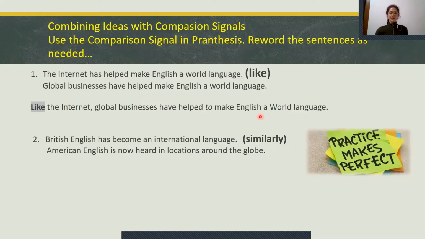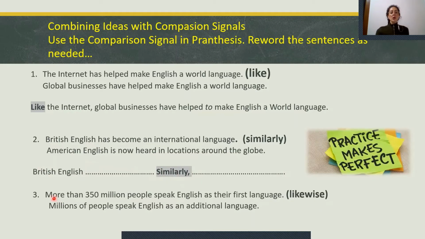I can say this. The second one: be careful how you are using these signal words, whether they are adverbs or linking words. Just pay attention to how they are used. British English has become an international language. American English is now heard in locations around the globe. So similarly was an adverb. So I write the first sentence here with a dot, and then similarly, a comma, and the next sentence.